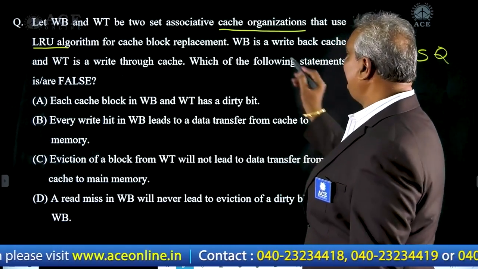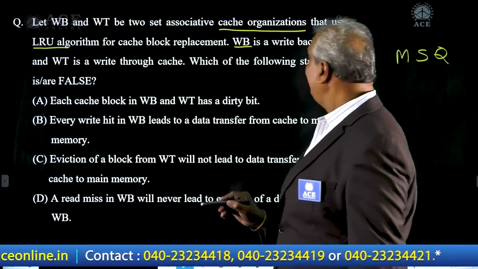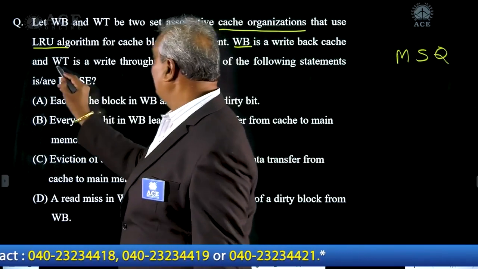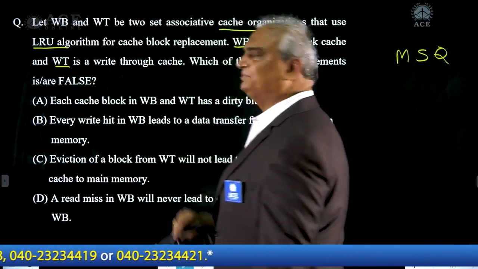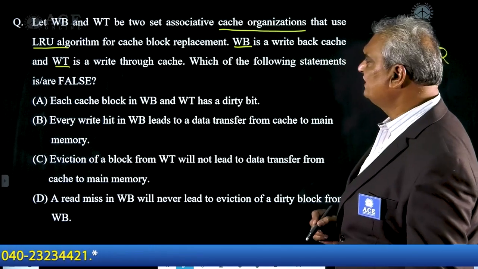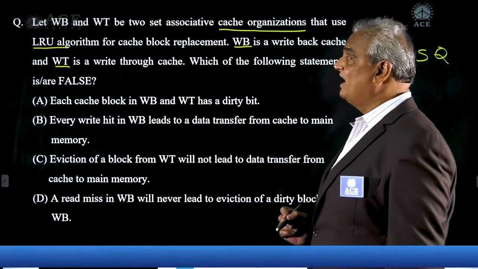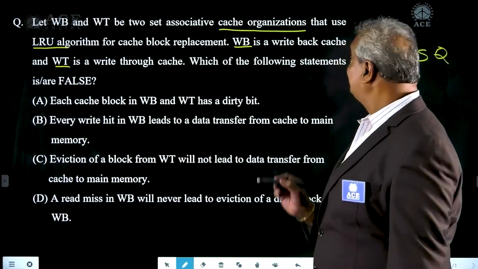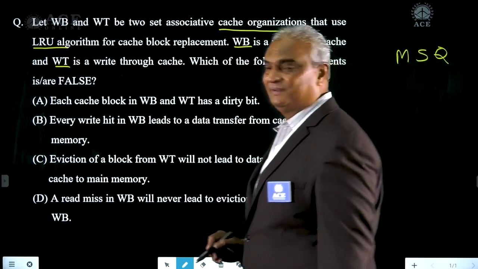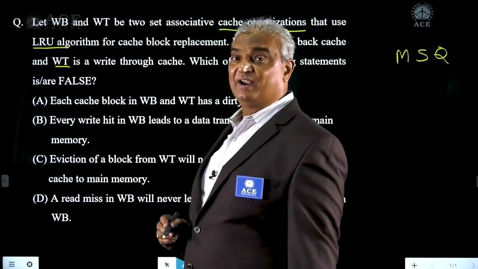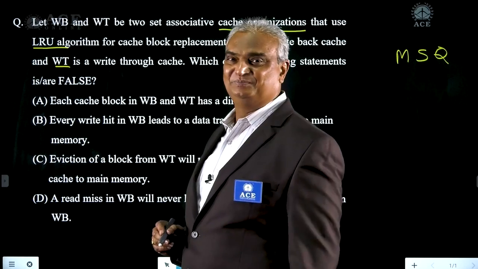WB is a write back cache, and WT is a write through cache. Which of the following statements is false? Since it is an MSQ question, correct options can be 1 or 2 or 3 or 4.